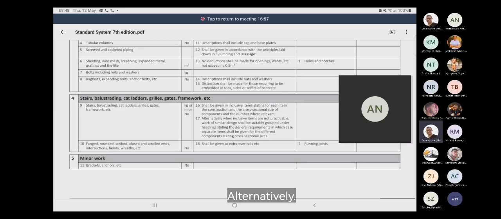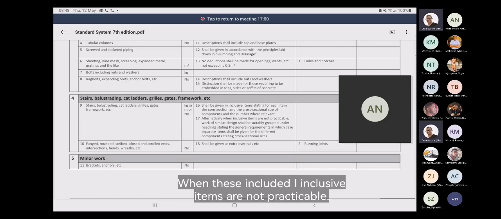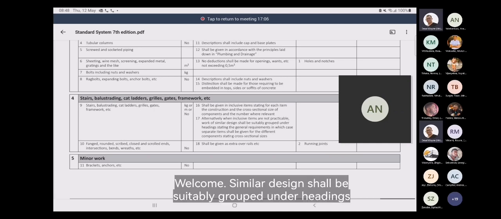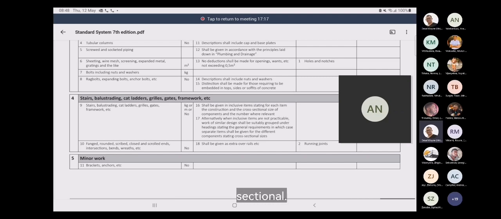Alternatively, when these inclusive items are not practicable, work of similar design shall be suitably grouped under headings stating the general requirement, in which case a separate item shall be given for the different components, stating those cross-sectional sizes.